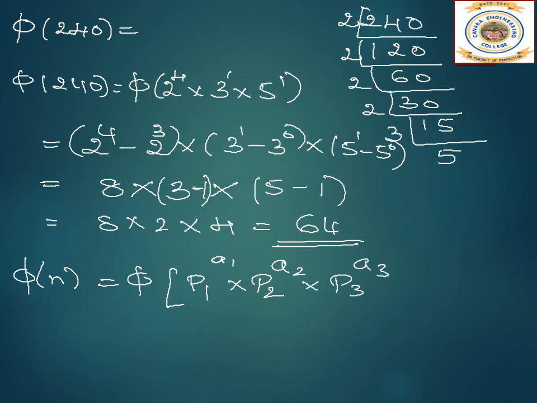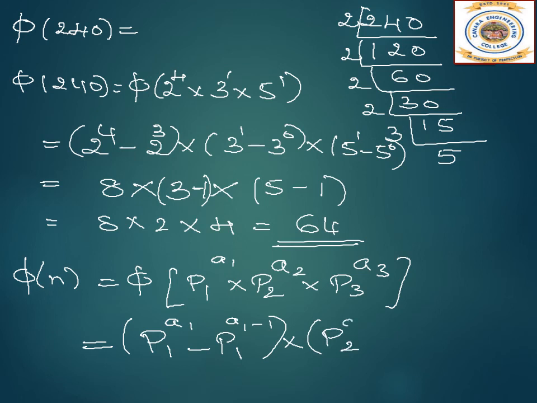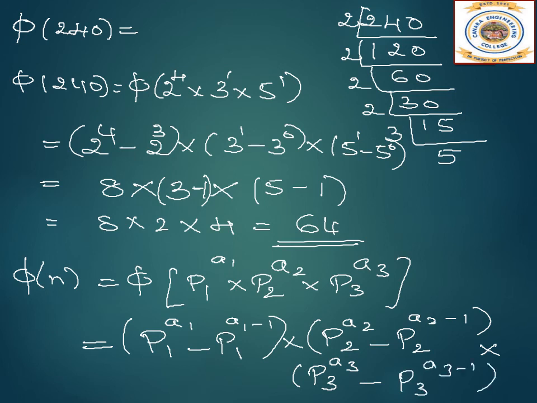I'll just take 3 terms for explanation purposes. You can write it like this. Then the Euler's totient function will be p1 to the power a1 minus p1 to the power a1 minus 1, into p2 to the power a2 minus p2 to the power a2 minus 1, into p3 to the power a3 minus p3 to the power a3 minus 1. This is the way we find the Euler's totient function.